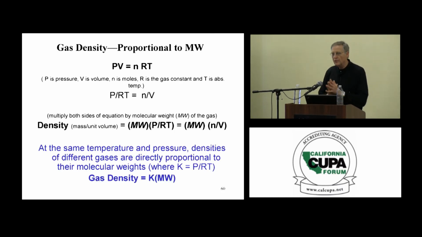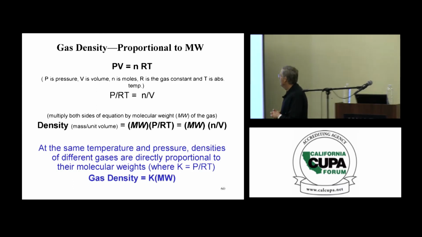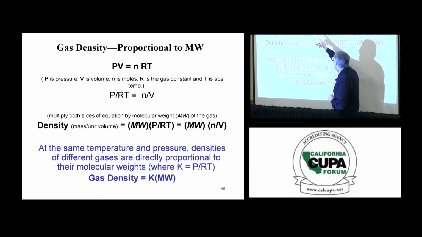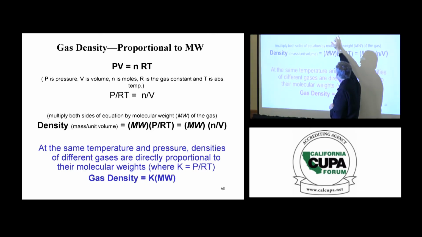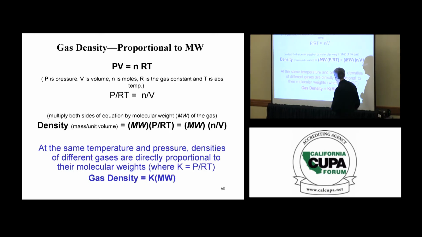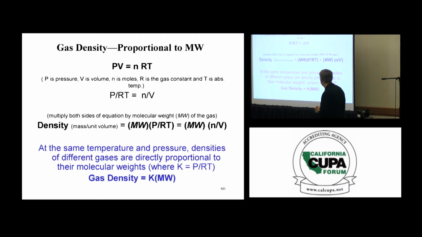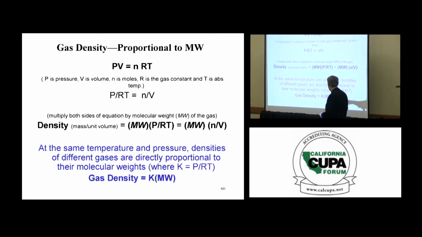So when you look at the ideal gas law, PV equals nRT, you rearrange it to have pressure over RT and n over V, and you multiply by molecular weight, and voila, you come out with a derivation. Believe me, this is right.